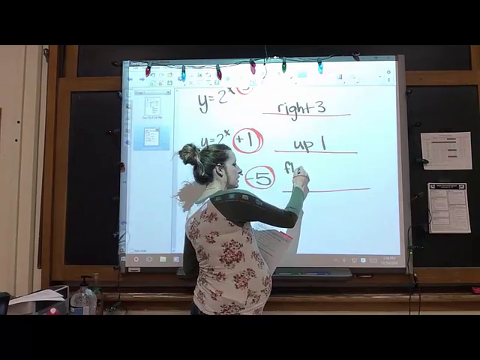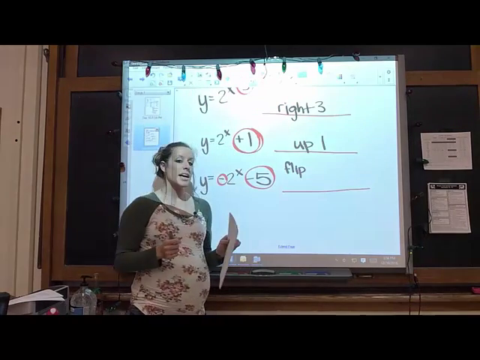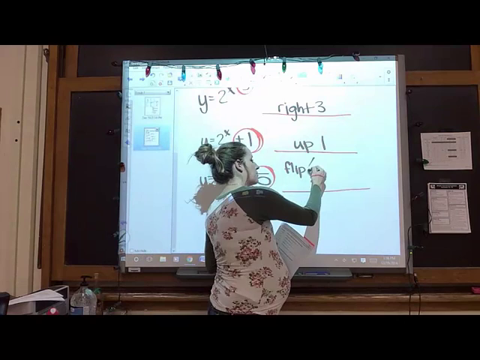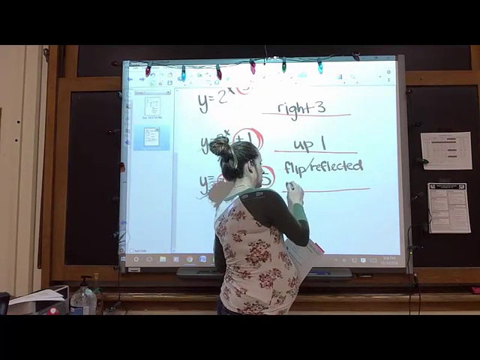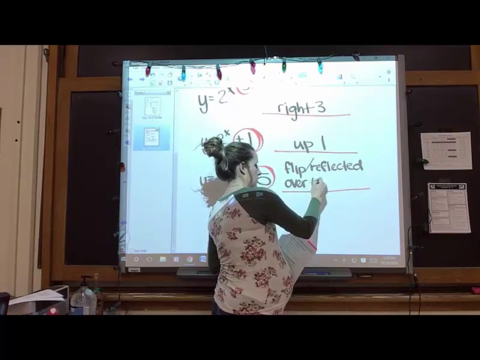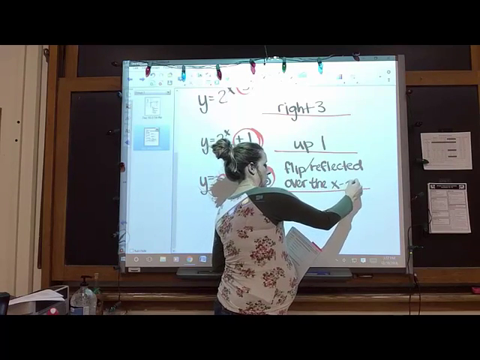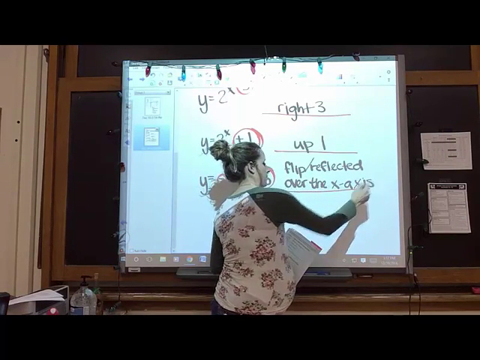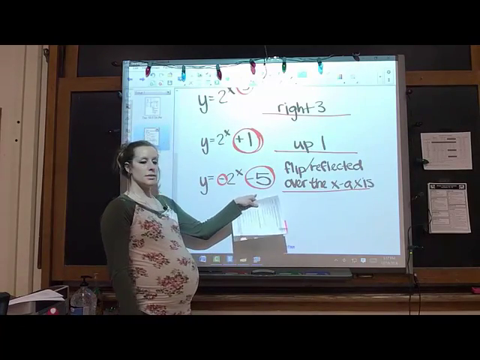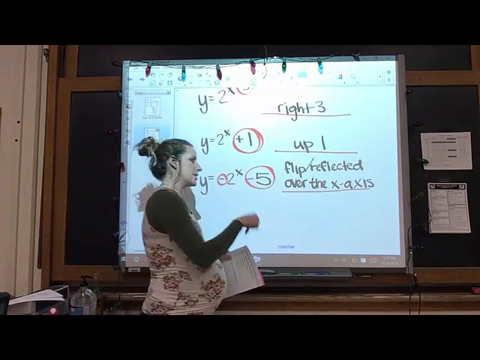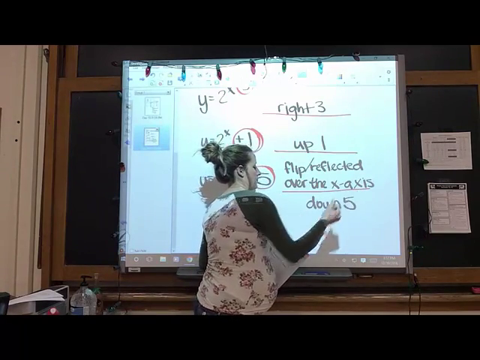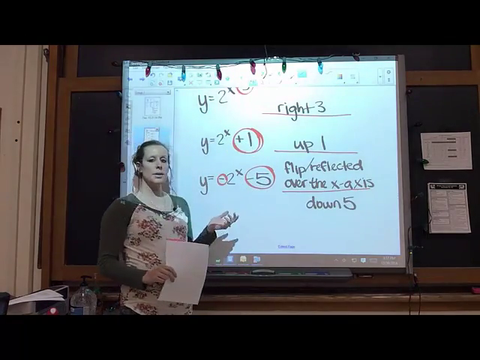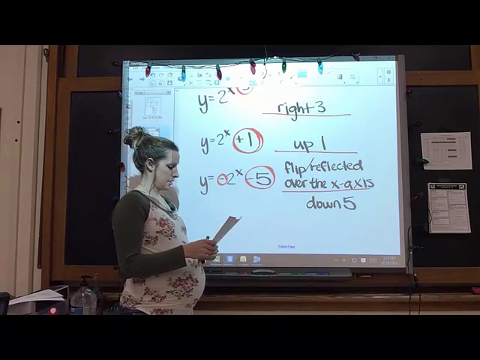So you can say flip. Technically, we say it's reflected over the x-axis. And then the minus 5 is going to move it down 5. So it's going to flip and go down 5.